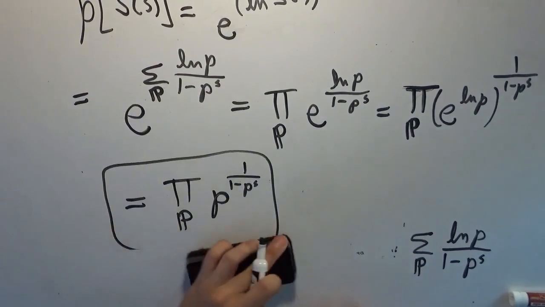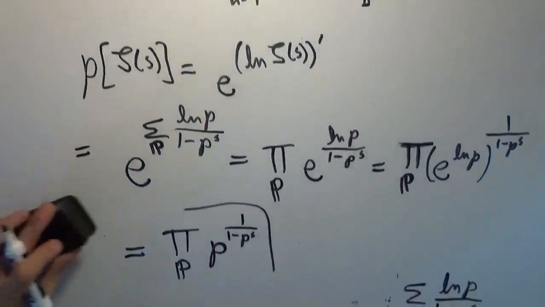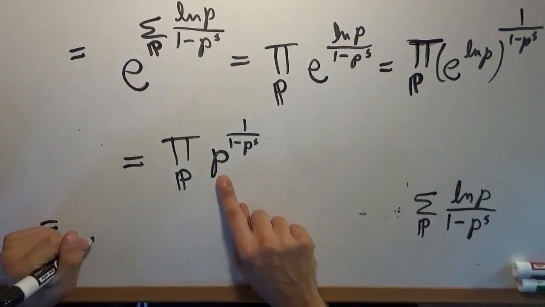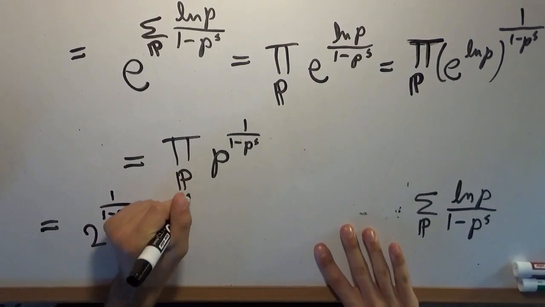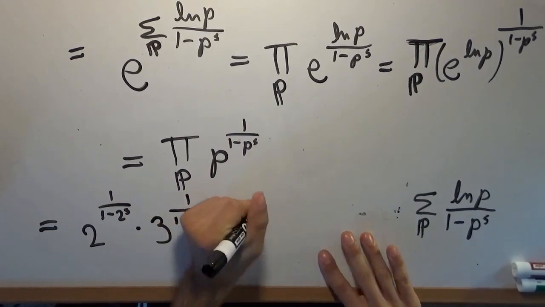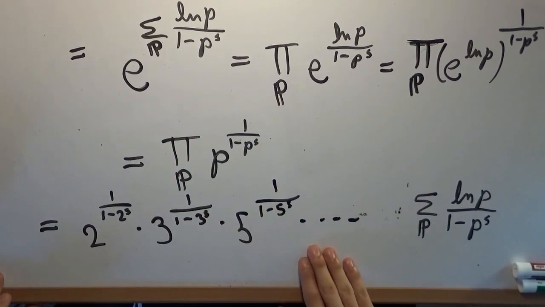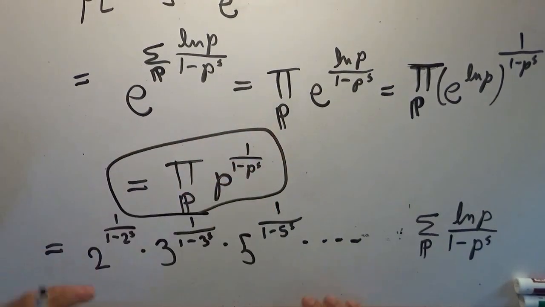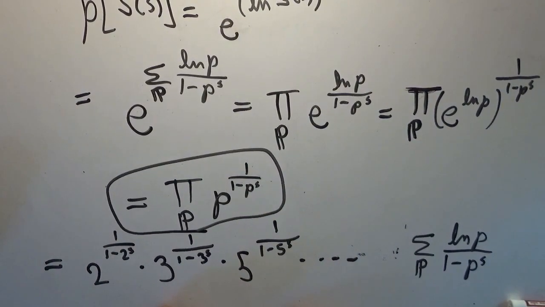What this is saying is that picking s, remember this is all for s with real part greater than 1, some s value on that part of the complex plane, means that this is equal to 2 to the power of 1 over 1 minus 2 to the s, times 3 to the power of 1 over 1 minus 3 to the s, times 5 to the power of 1 over 1 minus 5 to the s, times etc., etc. A product over the prime numbers with these wacky powers, absolutely odd, very strange. And this is the product derivative of the Riemann zeta function, and I find that so interesting.